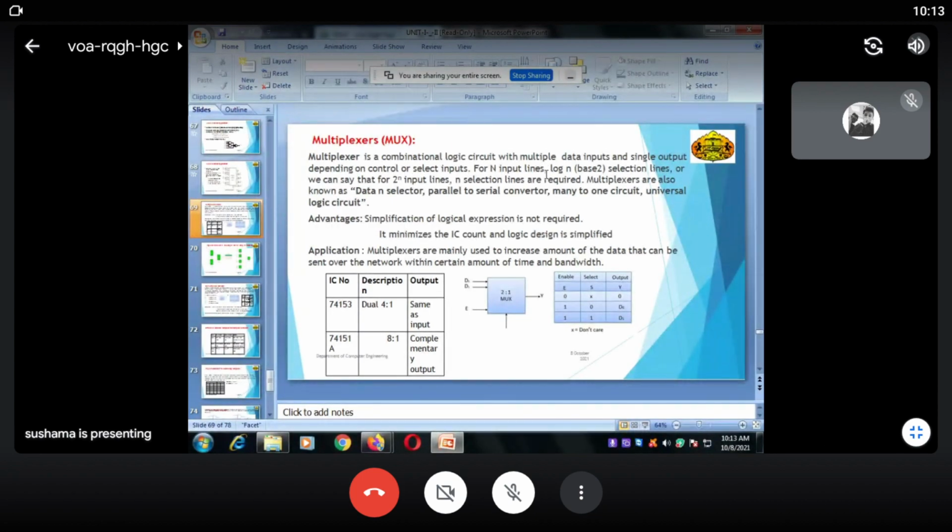Suppose for n input lines, log n to the base 2 are the selection lines, or we can say that for 2 raised to n input lines, n selection lines are required. 2 raised to n, what does it mean?